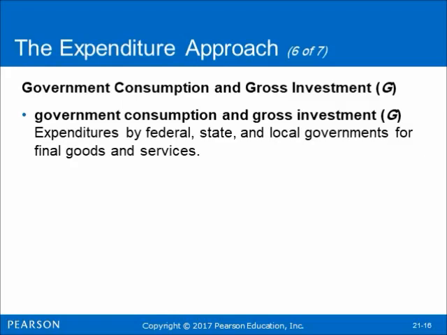Government consumption and gross investment, or G. These are expenditures by federal, state, and local governments for final goods and services.